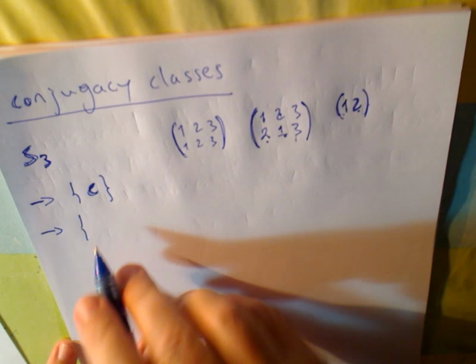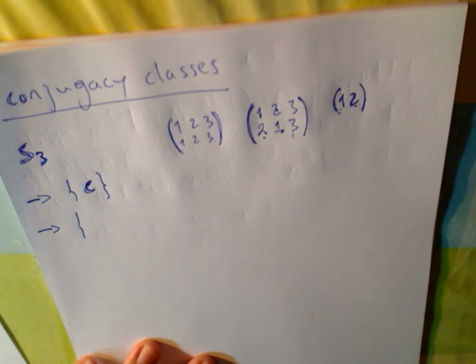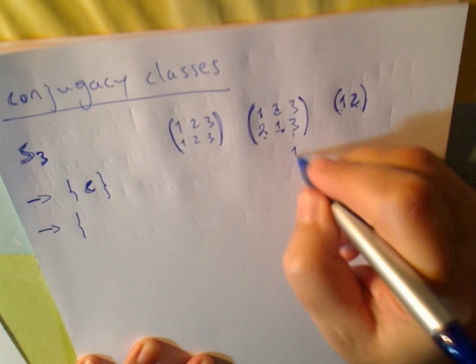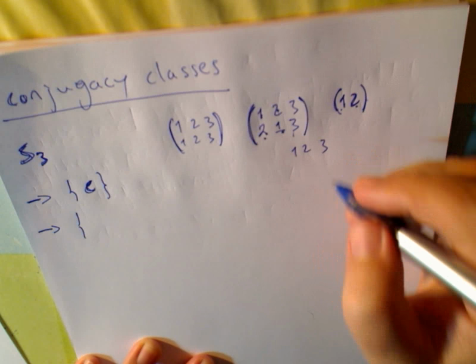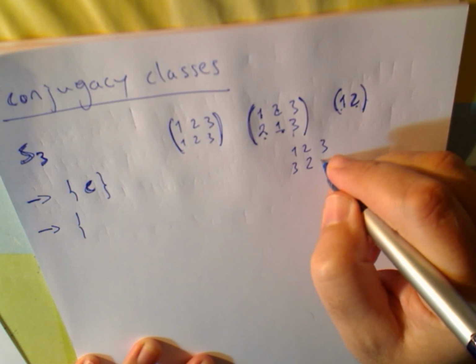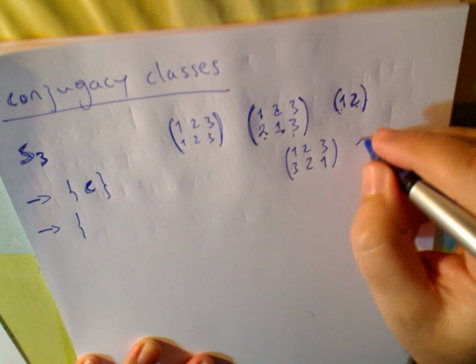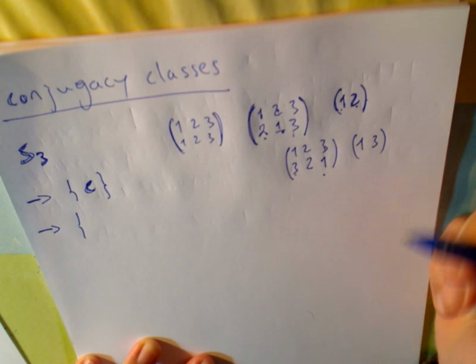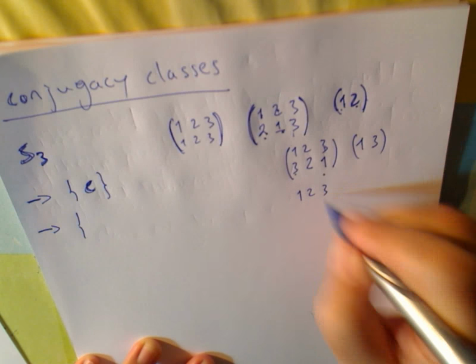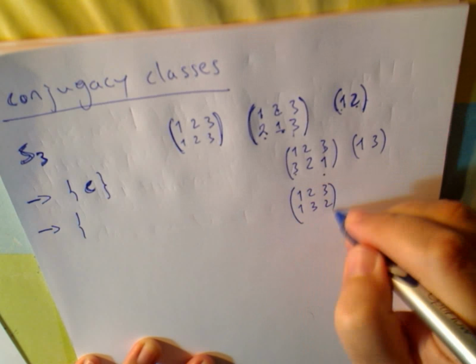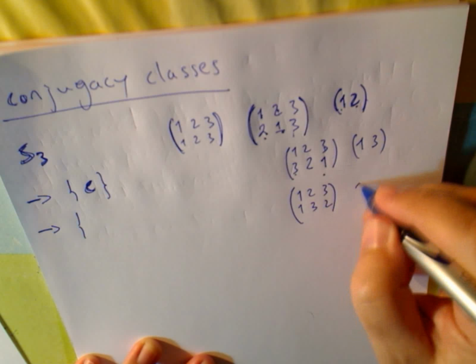So I'm going to write here in cyclic notation all the 2 cycles, like 1, 2, 3 and 1, 2, 3. If I keep 2 and change 3 and 1, this will be 1, 3, right? 1 goes to 3 and 3 goes to 1. And what is the last one? I'll keep 1, and this will be 2, 3.